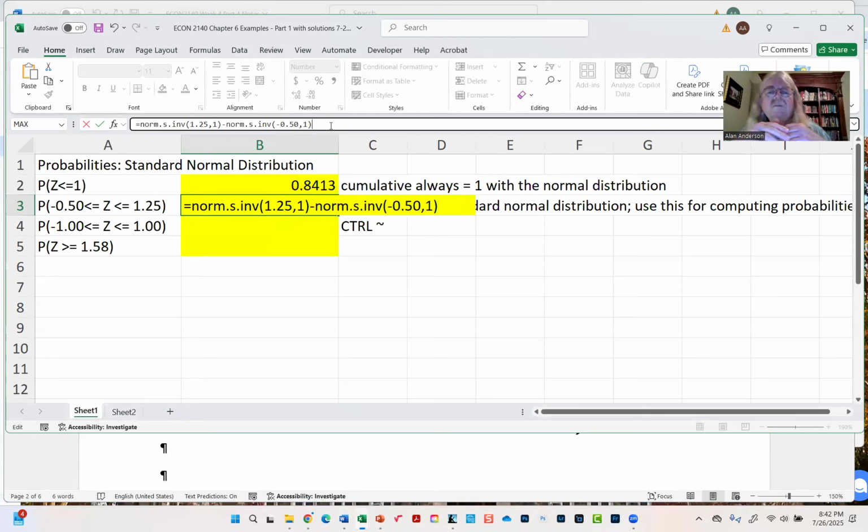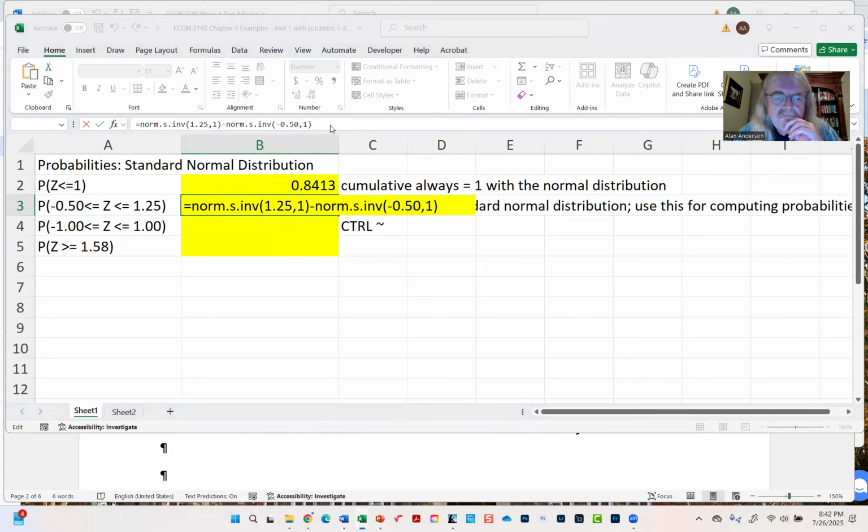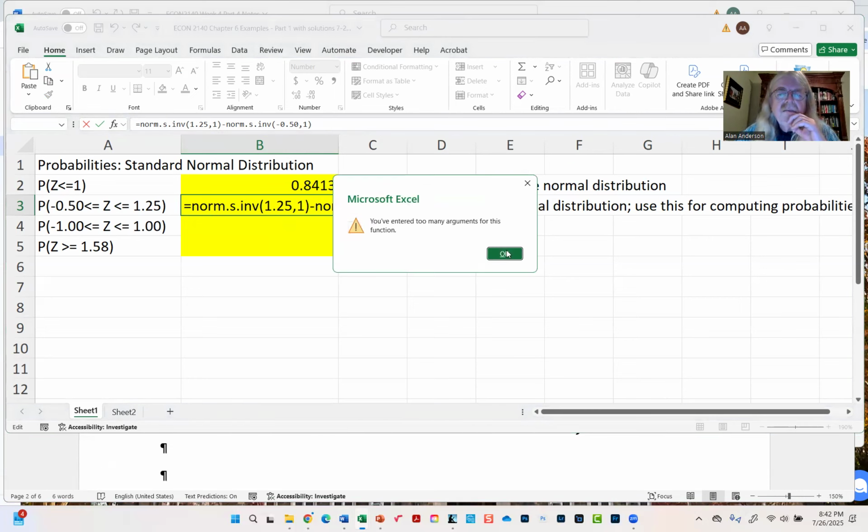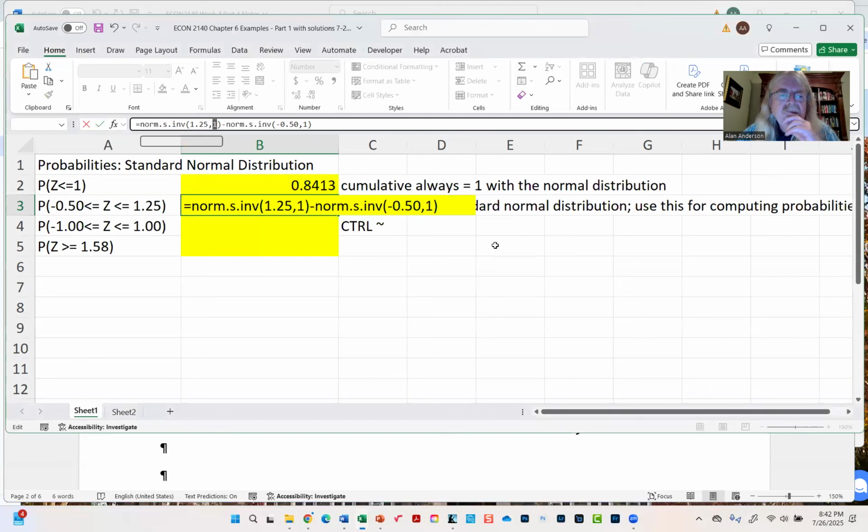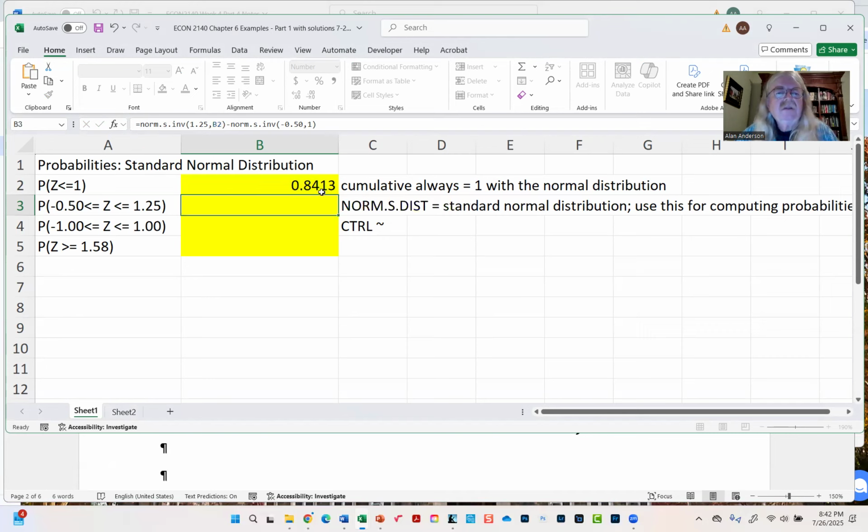All right, so this is exactly what I wrote in the notes. And let's see what that equals. Did I make a typo?